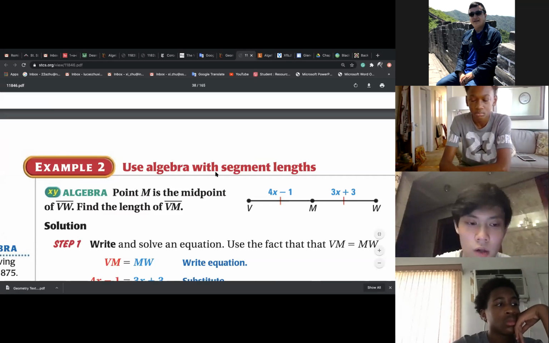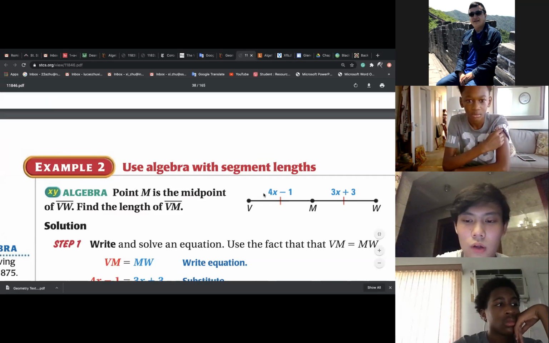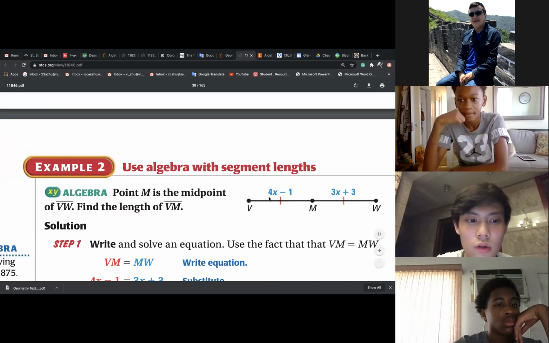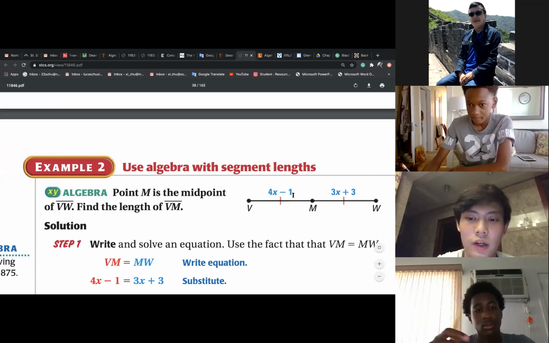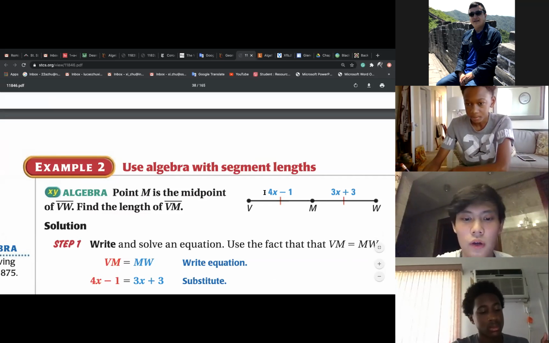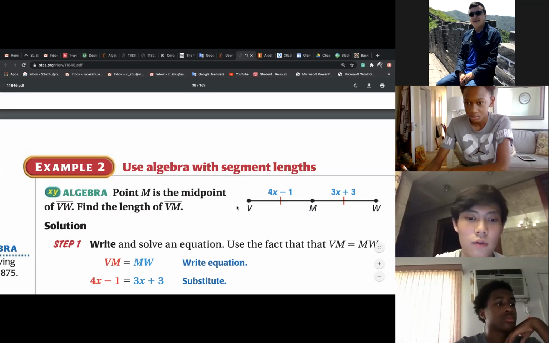It's like algebra. So what do you do here? Do you guys know, or take a guess? What do you do if they provide you with the information for two segments, and you know that this is the midpoint, the middle point for the whole entire line?